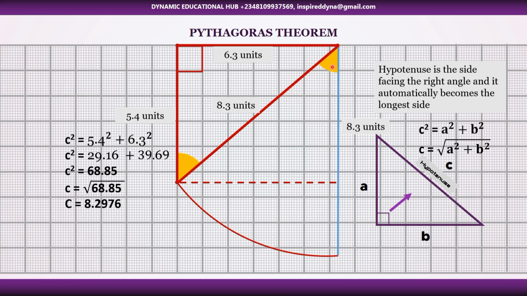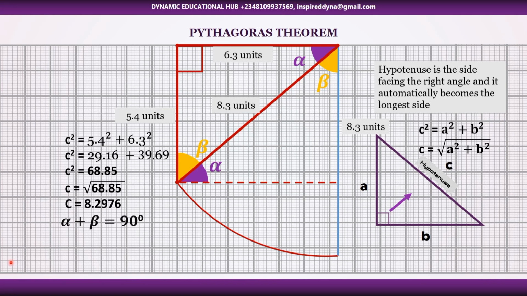This angle is still the same as this angle. The same thing with this angle here, alternate angle. So let's call this angle alpha, and this angle beta. So this one will also be alpha, and this one will also be beta.